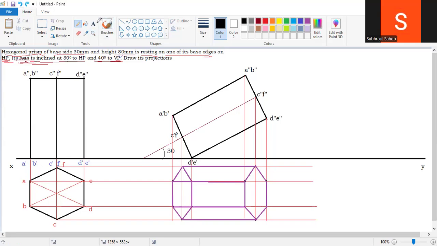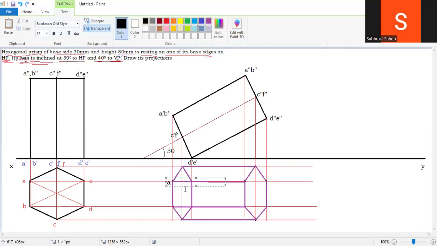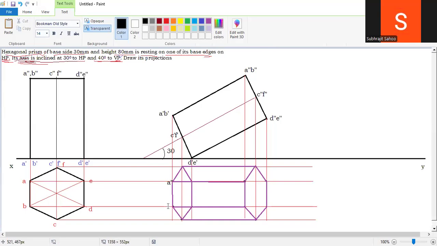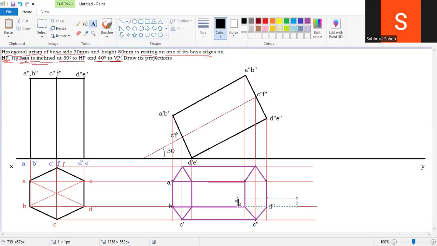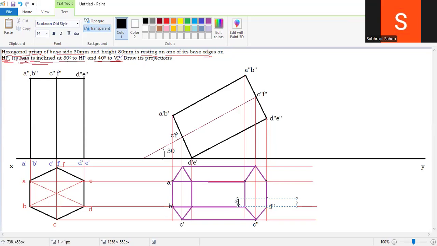Sir, please give the naming first. Okay, sir. Name A, A dash, B dash, C dash. Any name is for identifying purposes only, otherwise not so important. If you give names, you will not face any confusion.